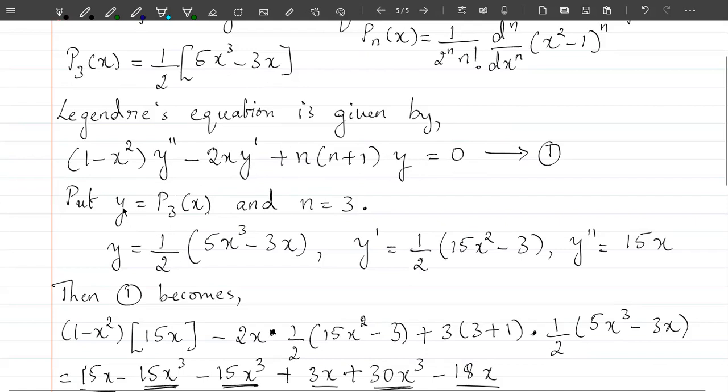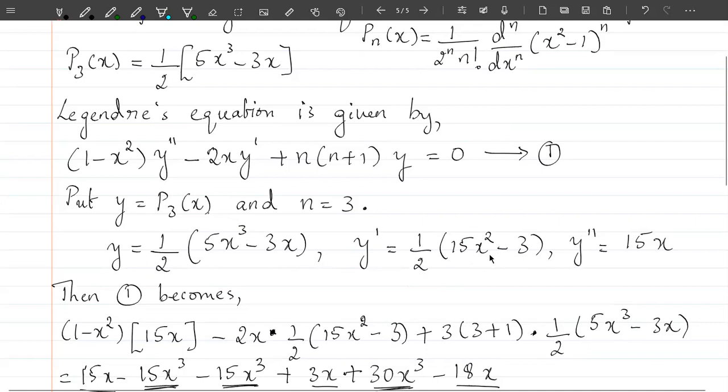So y is P3 of x, that is y equal to 1 by 2 into 5x cube minus 3x. What else do I need in the equation? I need the value of y dash. Y dash is the differentiation of this term with respect to x. So I get 1 by 2 into 5x cube differentiation is 15x square, minus 3x differentiation is minus 3.